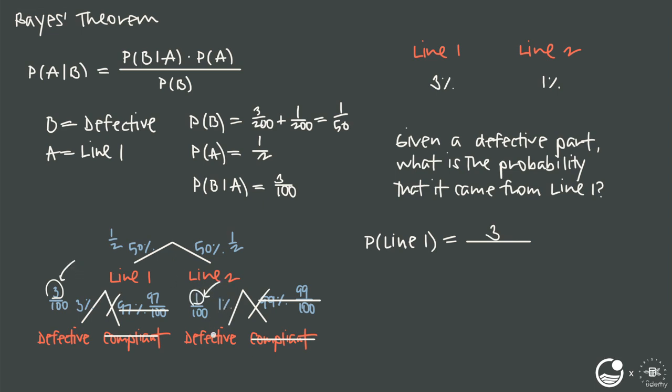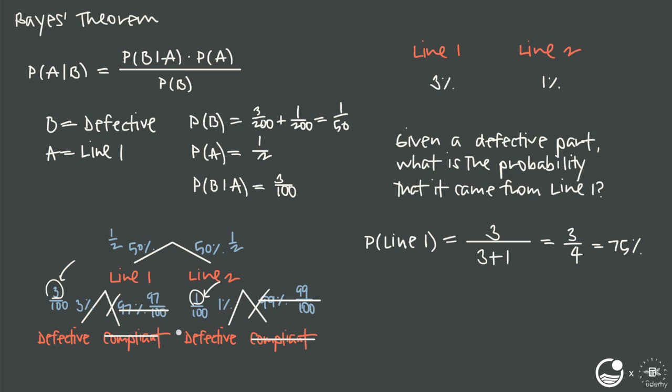We have 1 branch leading to defective here, 3 branches leading to defective here, and so we say 3 plus 1, or 3 over 4, which is that same 3 out of 4 number we calculated earlier, that same 75% figure, as the chance that our part came from line 1, given that it was defective.